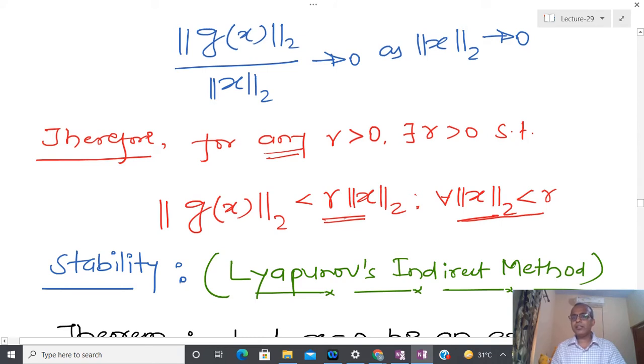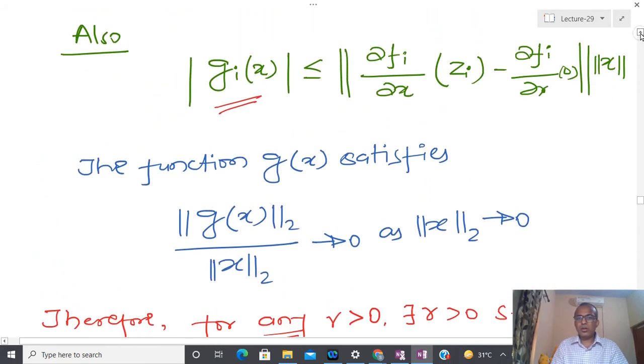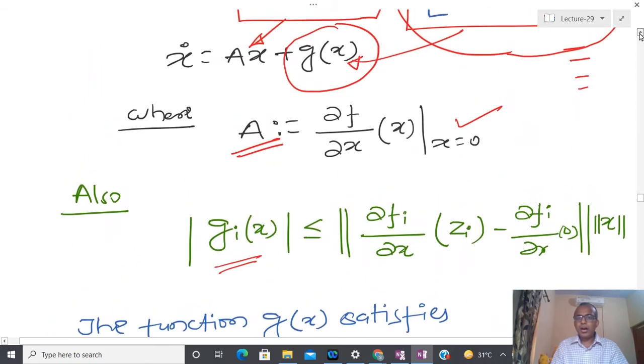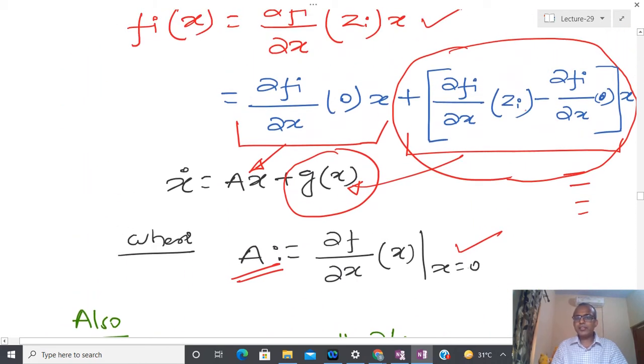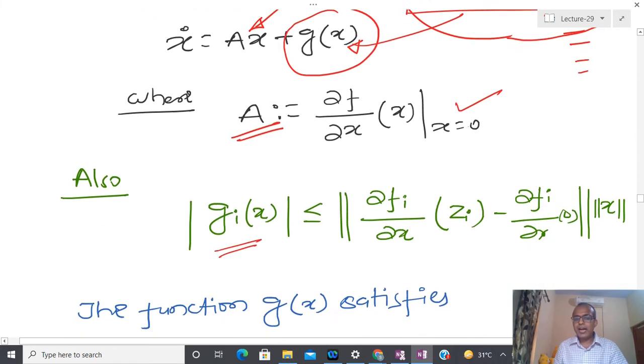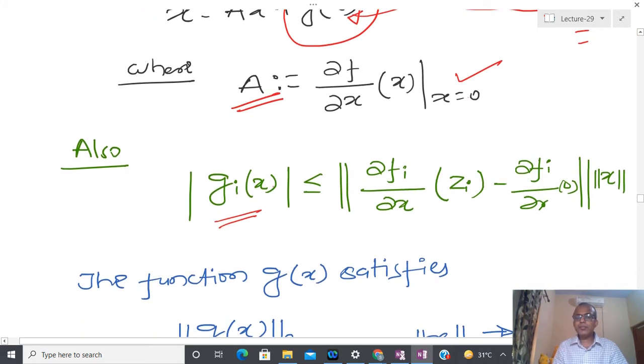Anyone has confusion on this, then please let me know. Anyone? So please explain the above relation again. g(x) norm by x norm. Okay, here, up to here, any confusion? No, sir. Okay, after that, what I have done, I have taken the norm on both sides.